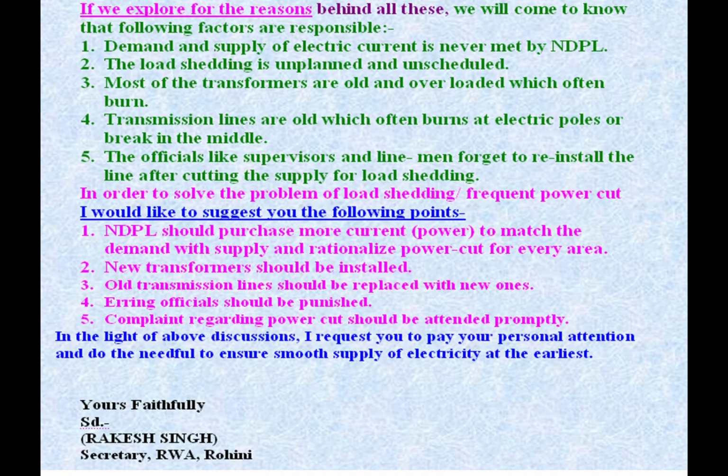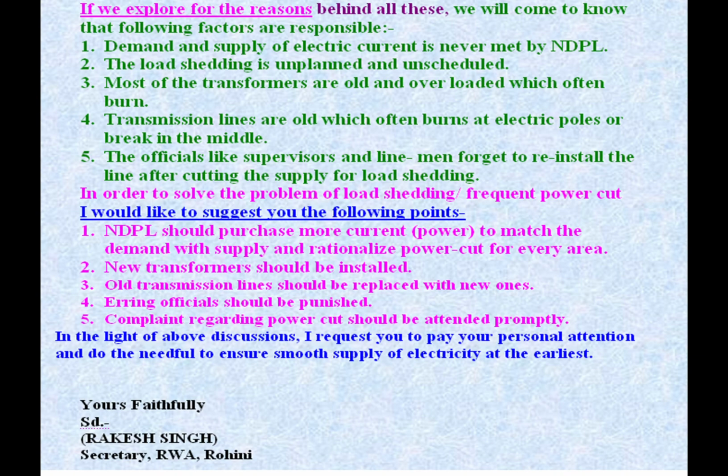If we explore for the reason behind all this, we will come to know that the following factors are responsible. Number 1, demand and supply of electric current is never met by NDPL. The load shedding is unplanned and unscheduled.